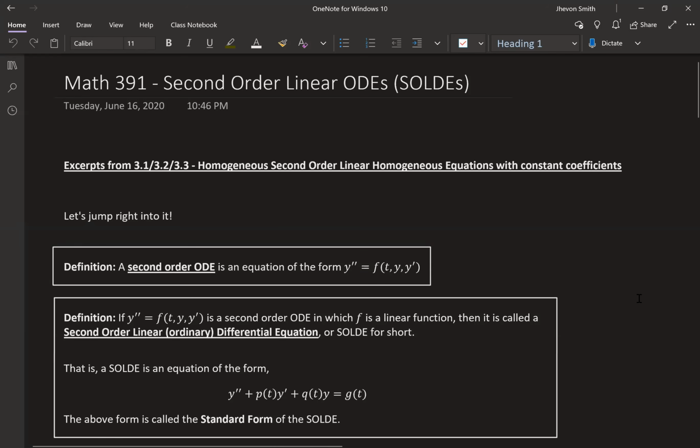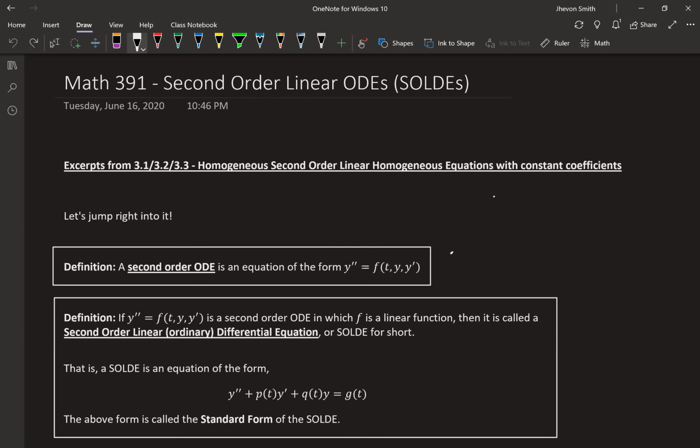It has a y double prime, and you can think of it as a function of an independent variable t, as well as of a dependent variable y, as well as potentially the first derivative of y as well, but definitely there's a second derivative present. That is just the general definition of a second order ODE. That's what we have right here.